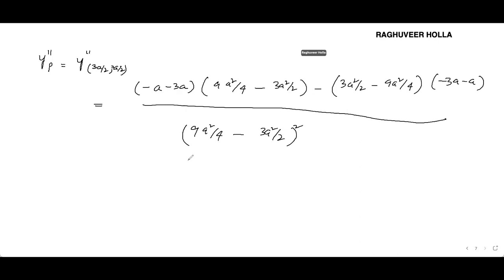Okay. Now, after simplifying it, you get minus 8a by 9a square by 4 minus 3a square by 2. So this is minus 32 by 3 into 1 by a. Okay.